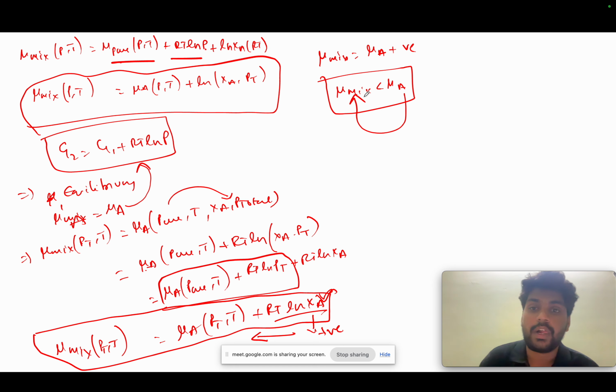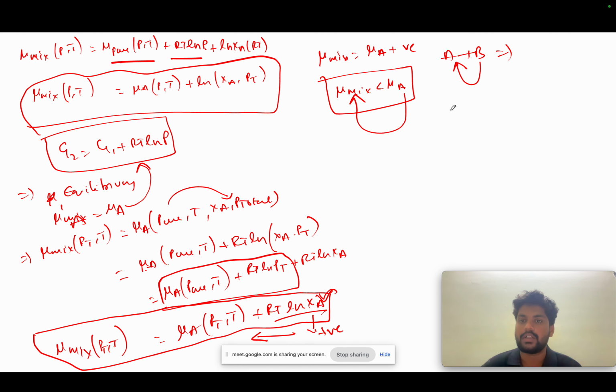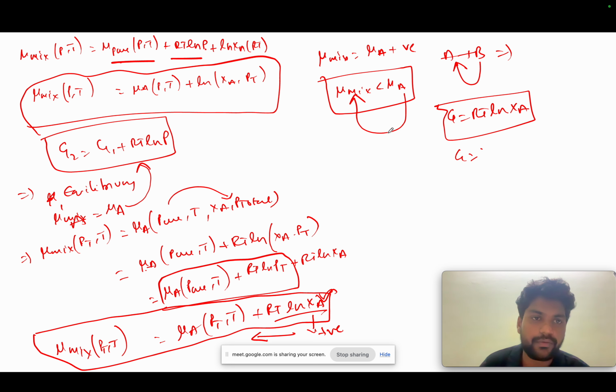So whenever you are taking the equation, you need to remember this one. When you are mixing two molecules, you need to understand which molecule is going to which side. For that condition I am explaining, and from here you will get this equation also, G equals RT ln XA, which is nothing but, okay. I will send you the theorem of this after the class.